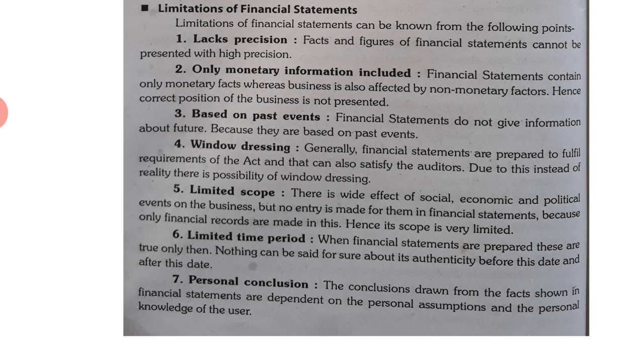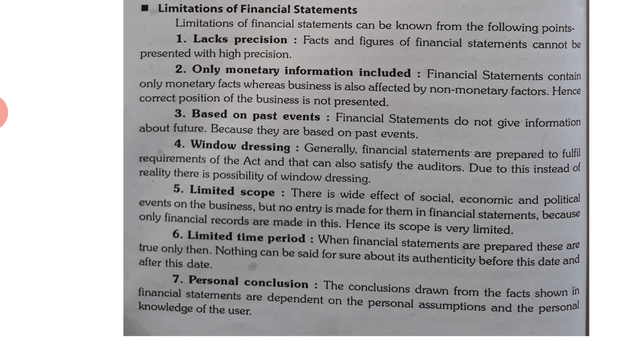So this is a drawback of it. Window dressing. Window dressing means if it is not mandatory and necessary according to the Act or SEBI, then companies are not bothered to make this. So they are doing it just for the sake of their own selfishness, otherwise they won't do it.